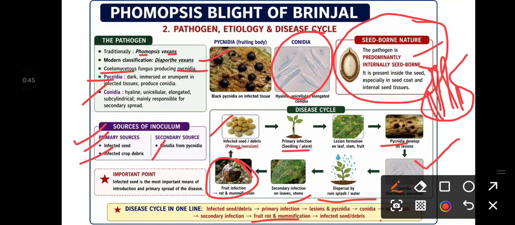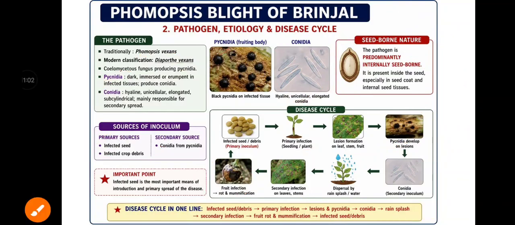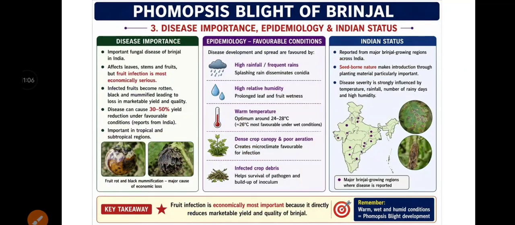At later stages, from the rotted or mummified fruit, you will get infected seed, and this along with the diseased plant debris will later act as the primary source of inoculum. This is about the pathogen, etiology and disease cycle.